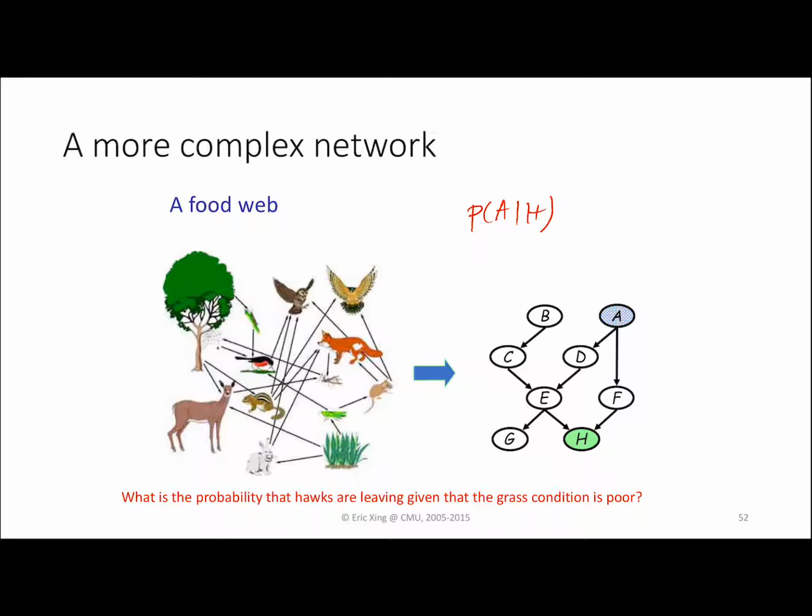Diagnosis is usually mostly for a chain, but in general, the conditional probability is computing the posterior probability of A given H. Posterior belief, right? Marginalizing out the rest of the variables here.